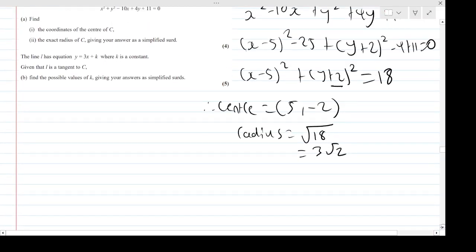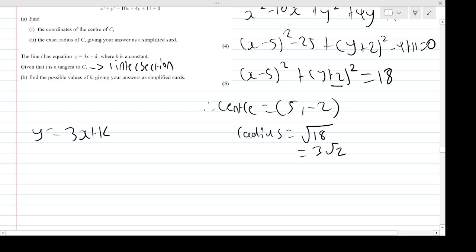Then we are told the line L with the equation y is equal to 3x plus k is a tangent. That means if it's a tangent, there's one intersection. So that's asking us to consider the intersection.